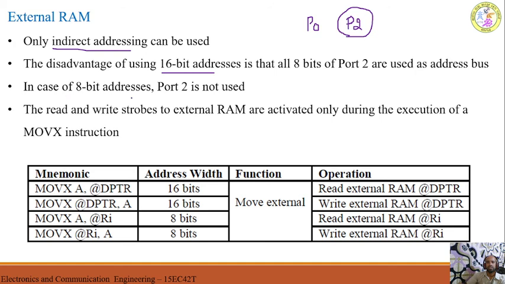So time can be saved so that P2 can be utilized for some other operation. In case of an 8-bit address, port 2 is not used. If you have only an 8-bit address, then it is not necessary to use port 2. I can use only port 0, because port 0 contains the lower order address from A0 to A7. The read and write strobes to external RAM are activated only during the execution of the MOVX instruction. MOVX means a data transfer operation.